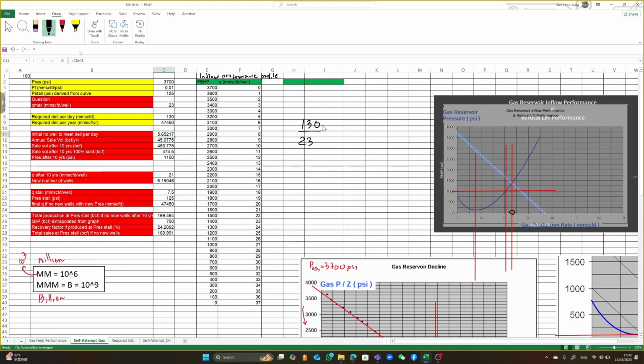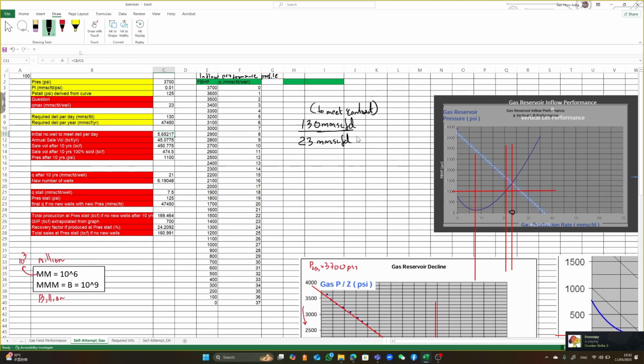We do that because this is the required amount of production per day needed to meet the contract. And this 23 MMSCFD is the maximum production that we're going to produce from the well.